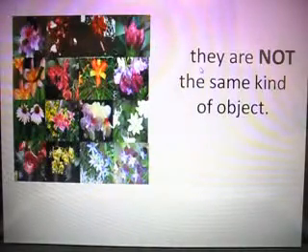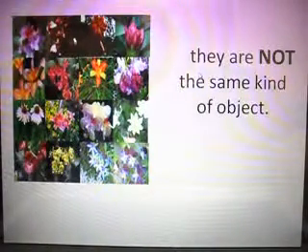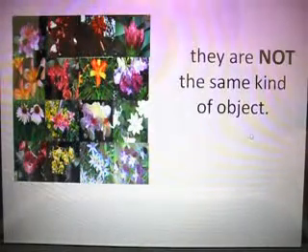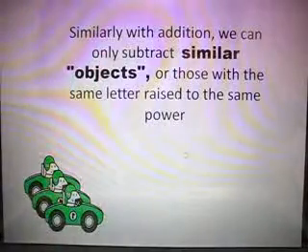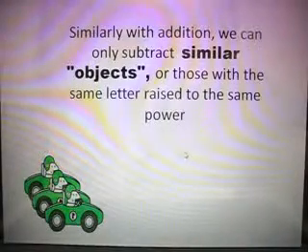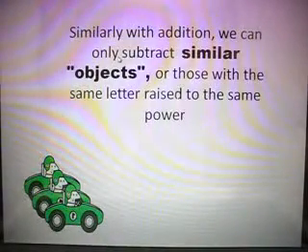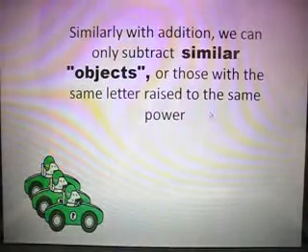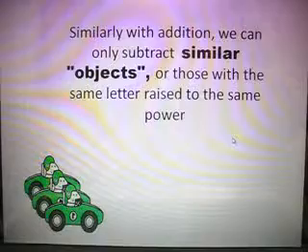Again, same as addition, only the same variables can be combined together, because they are not the same kind of object. Similarly with addition, we can only subtract similar objects or those with the same letter raised to the same power.